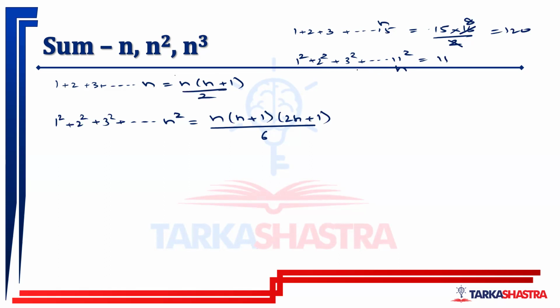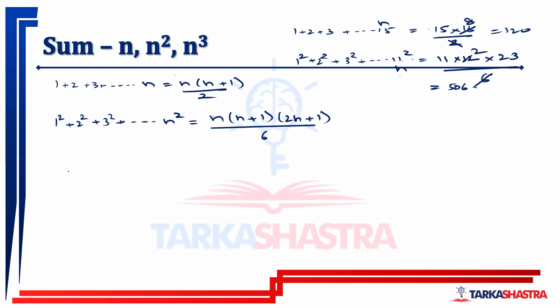Now 11 multiplied by 12. Why? Because n into n plus 1, that is 12, multiplied by 2n plus 1, that is 2 into 11, 22, plus 1, 23, divided by 6. So 6 ones are 6, 6 twos are 12. So we have 22 into 23.